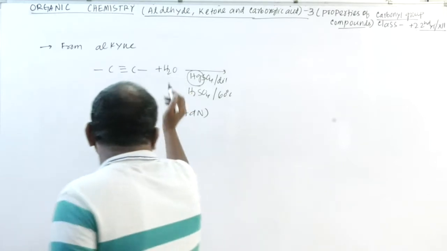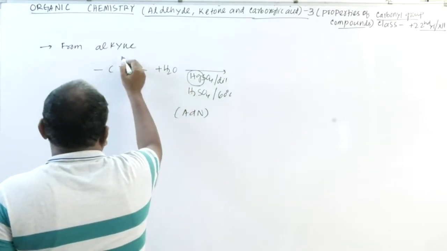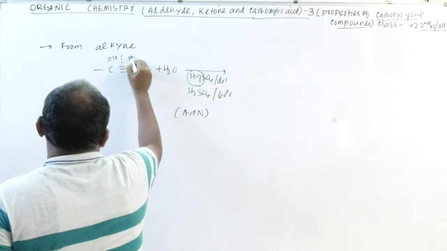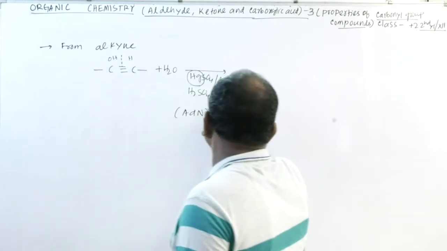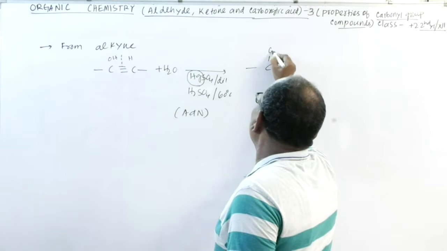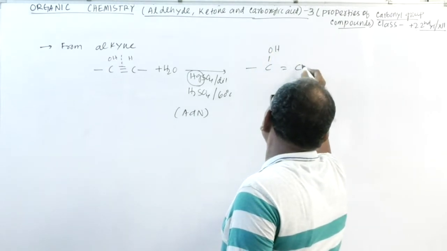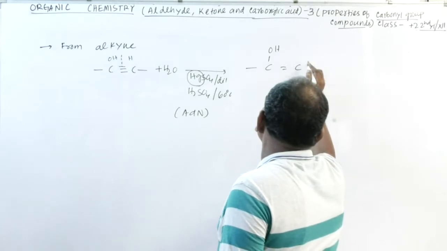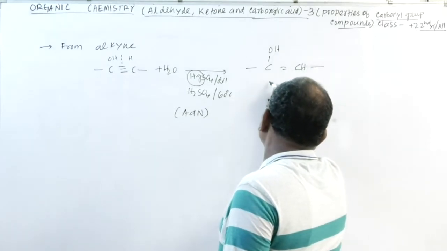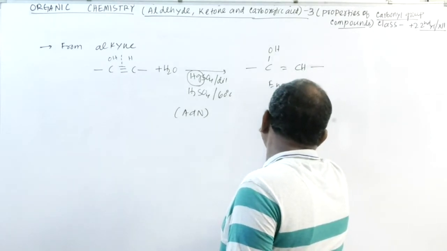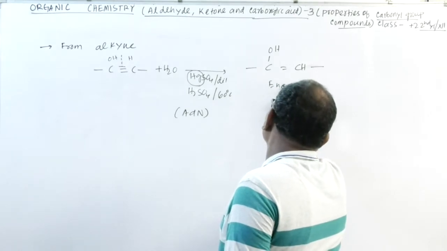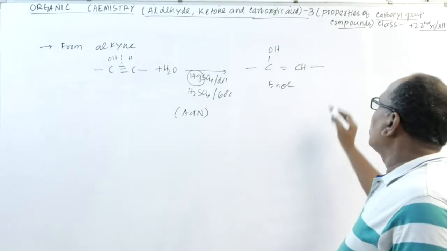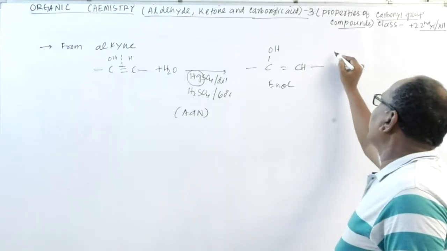So when the water is added, the pi bond breaks here, this side is OH, this side is H, and the result gives C(OH)=CH, and this is called enol. En means double bond, ol means OH, enol, and this undergoes tautomerism.